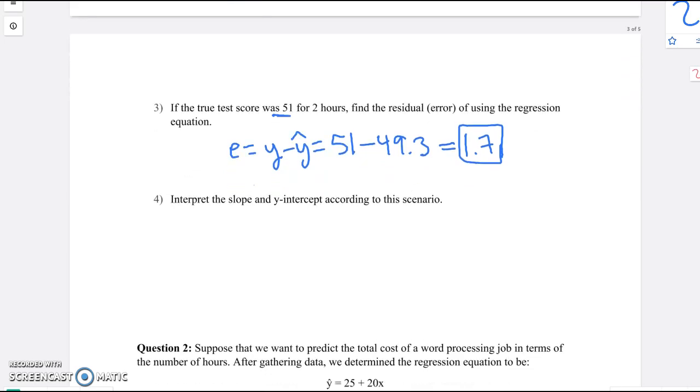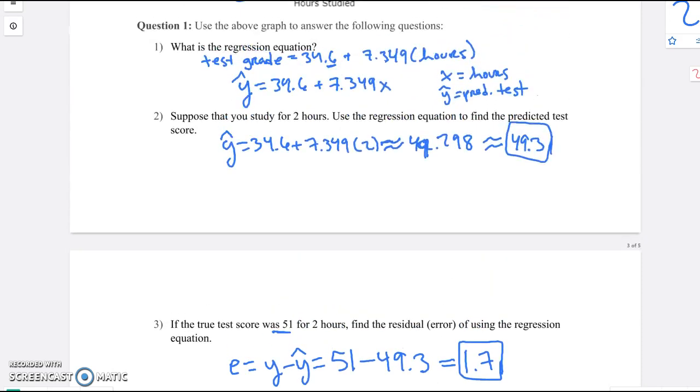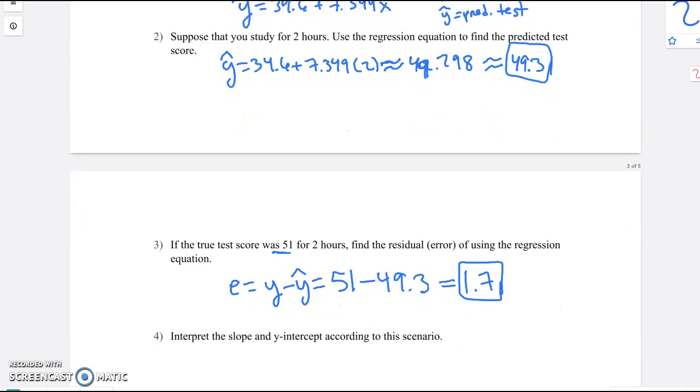Okay. Now, interpret the slope and the y-intercept according to the scenario. So now we want to go ahead and interpret what these numbers mean. If I go back up here, let's look at my y-intercept. My y-intercept was 34.6, and my slope was 7.349.